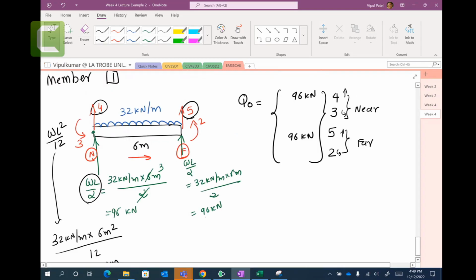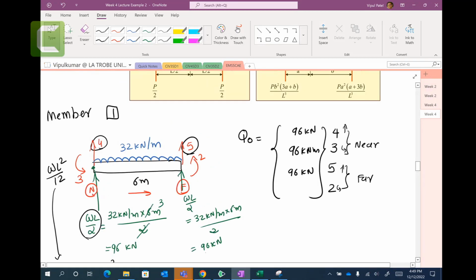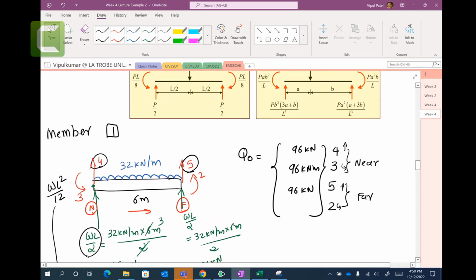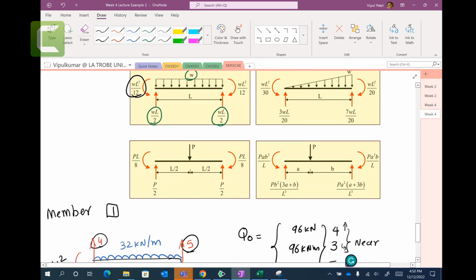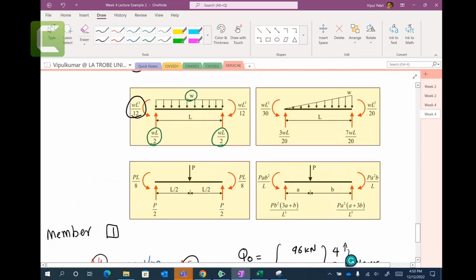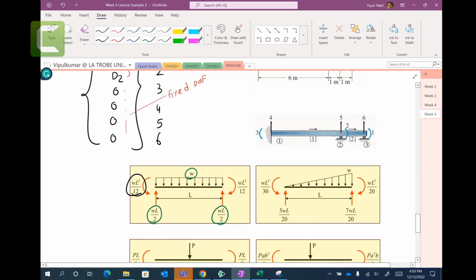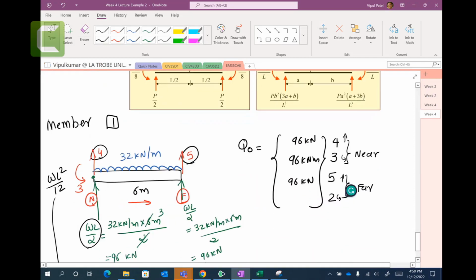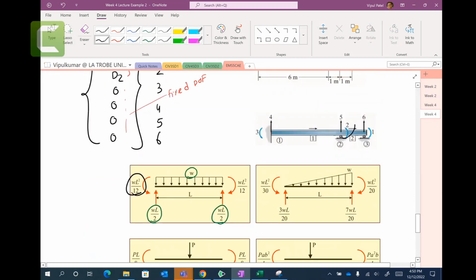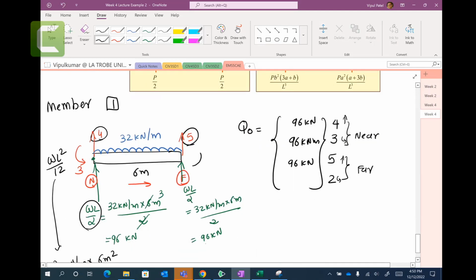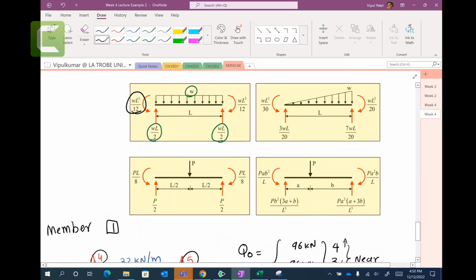And this one has 96 kilonewton meters. These values that you're going to get, which directions are they going? You can look at number 2. Number 2 is going in this direction, but in the figure it is in this direction, so it will be minus.